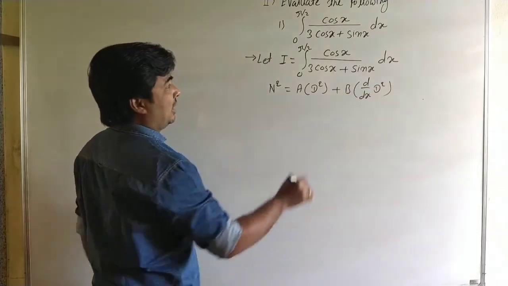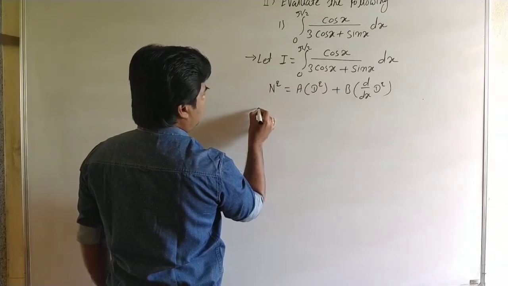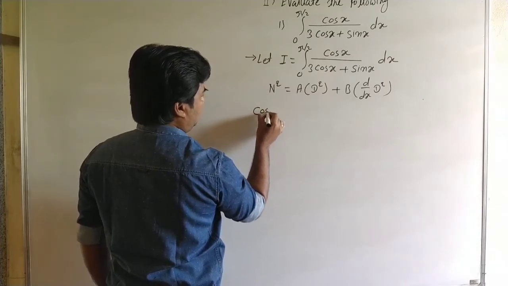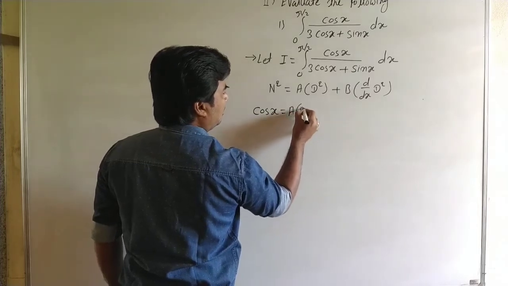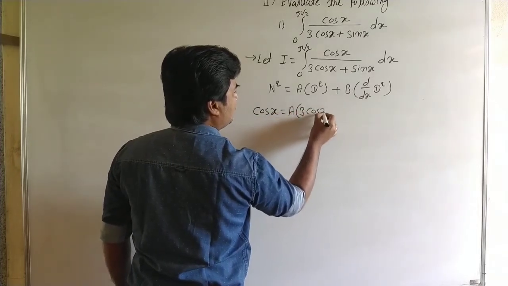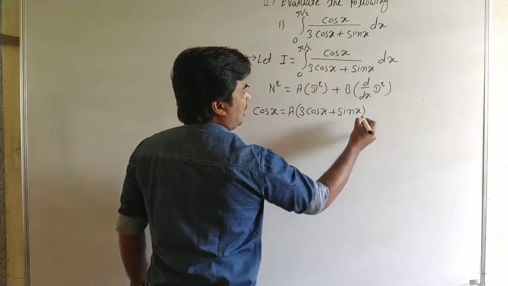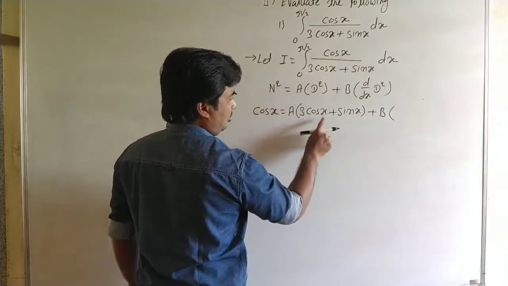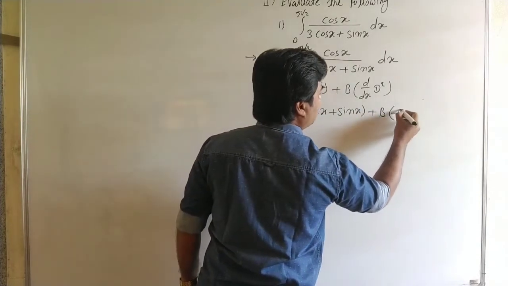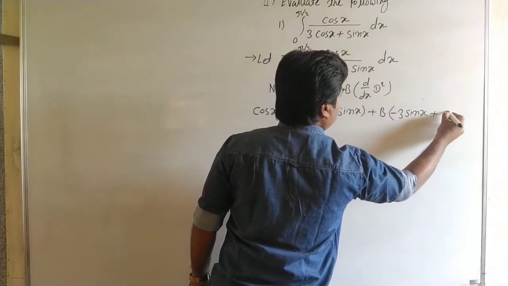Here the numerator is cos x, so we can write cos x equals a into the denominator, 3 cos x plus sin x, plus b into the derivative of the denominator. The derivative of this denominator is minus 3 sin x plus cos x.